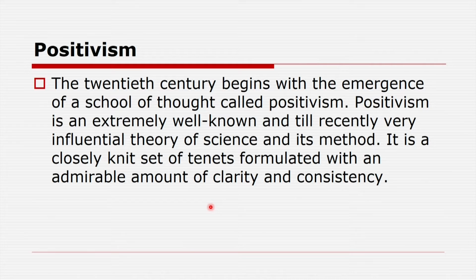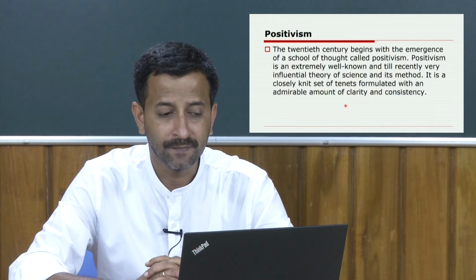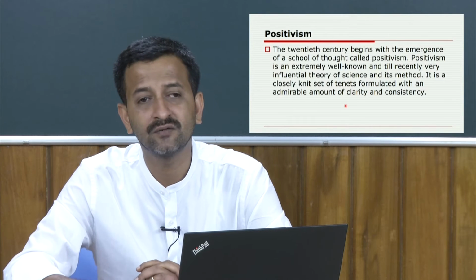Positivism is an extremely well known and, till recently, very influential theory of science and its method. It is a closely knit set of tenets formulated with an admirable amount of clarity and consistency.